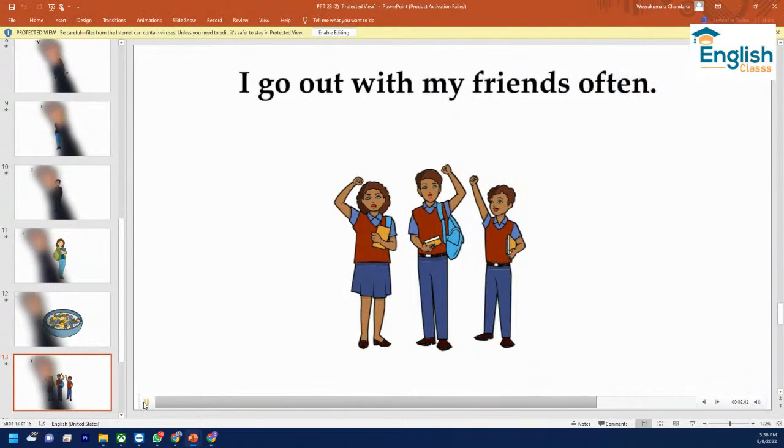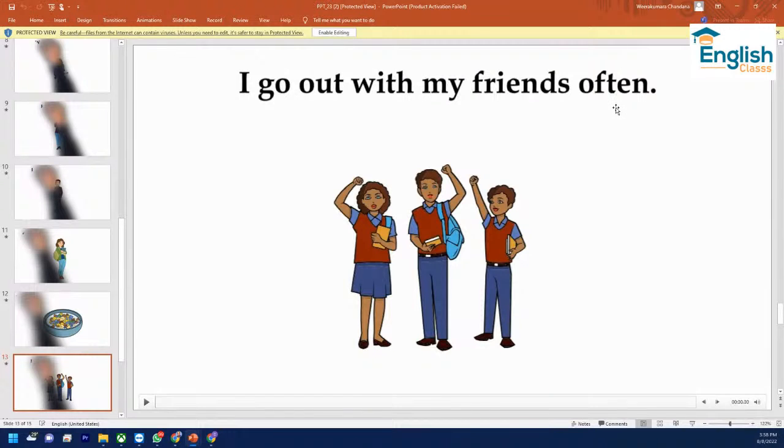I go out with my friends often. Here in this sentence, we are discussing the use of often. There are two pronunciations for this word. Often and often. Both are possible.